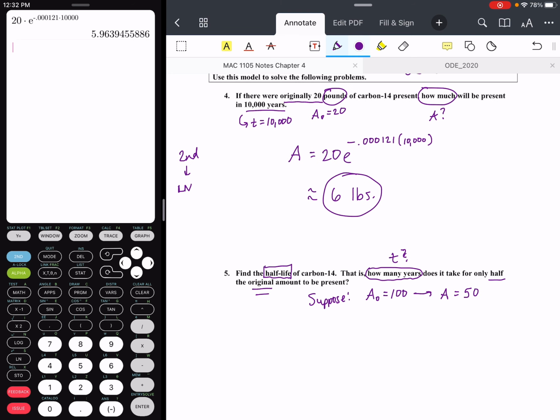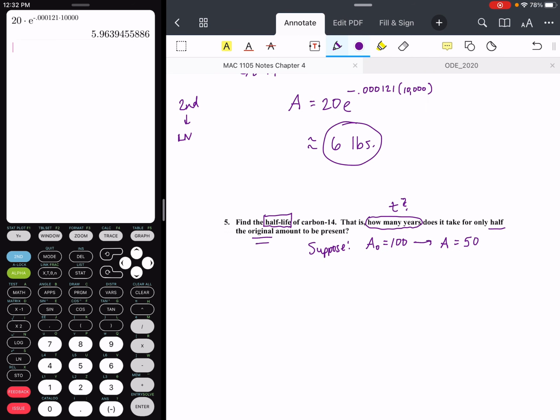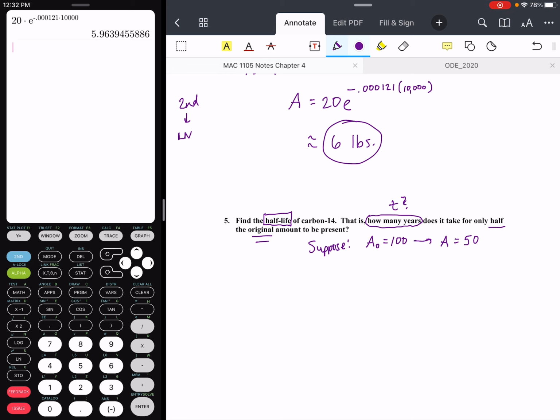So let's just use these as pretend numbers, and let's set up our equation. So 50 for our accumulated amount, 100 for our initial amount, e to the negative 0.000121 t. Remember, we're just making up these numbers. You could have 200 and 100, you could have 2 and 1, anything where your initial amount then becomes half of that for the accumulated amount.